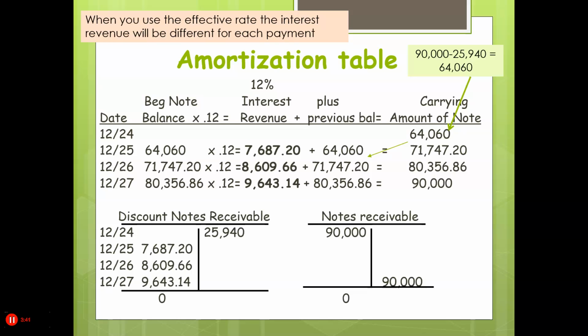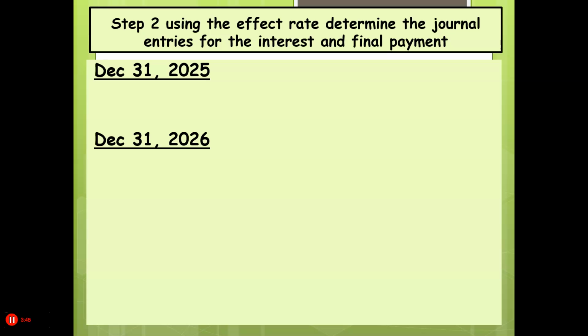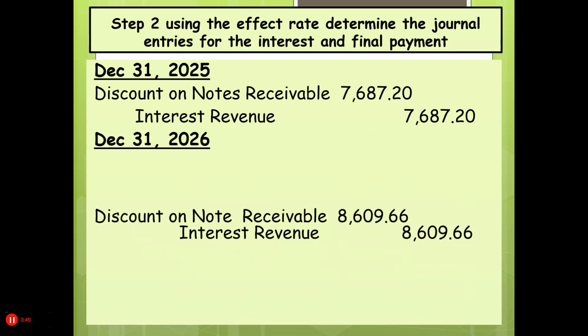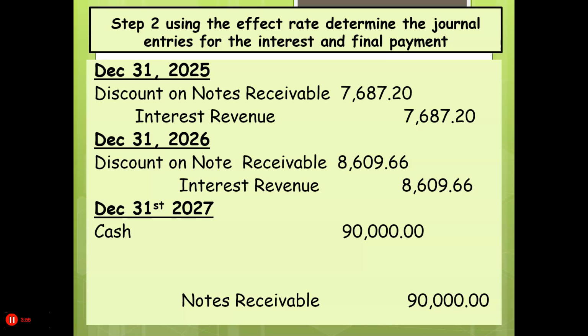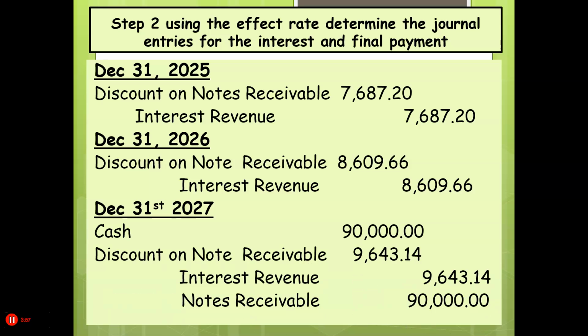And remember, when you use the effective rate, every interest revenue is different. So in this case, this is what we booked for the first year. Here's our second year. Here's our third year. We get our cash, notes receivable, and we book our last amount of interest revenue. And our discount on notes and notes receivable account should be now at 0.